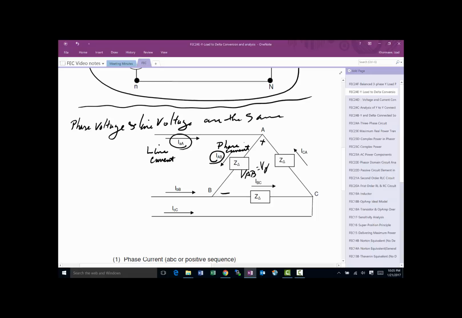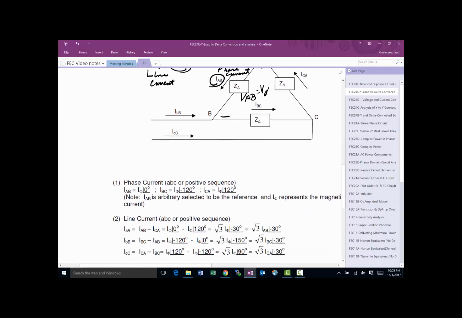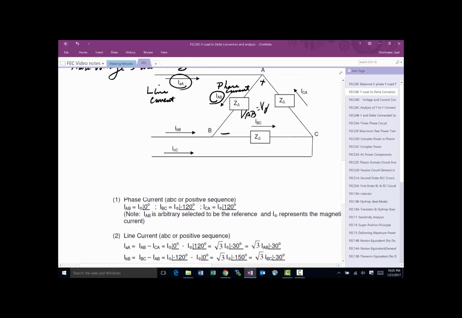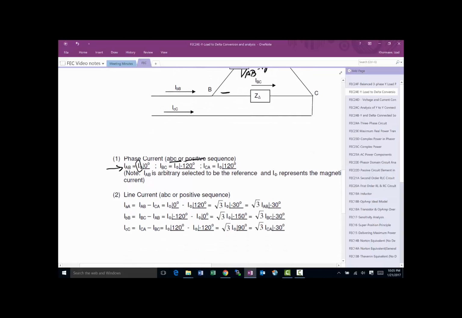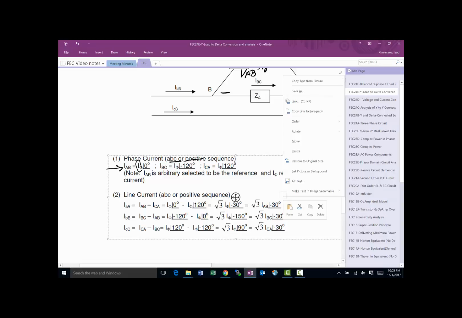So if I want to do the calculation, what I have to do is first say, okay, let's say in each phase, first phase, the I is equal to I magnitude at phase angle 0, and this is an ABC or positive sequence, so the BC is going to be minus 120 and CA is going to be plus 120. So IAB is always 0, that's a reference one, and we decide that. And of course the letter phi talks about the phase current.